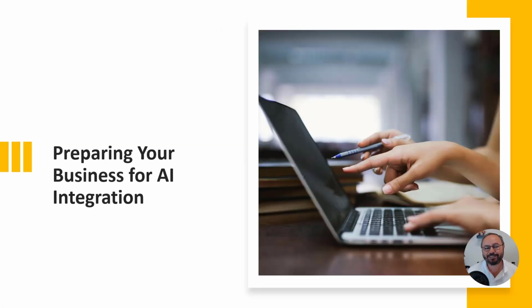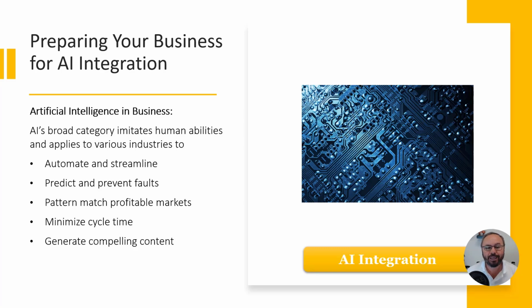In this lesson, let's talk about ways we could help prepare our business for AI integration. When it comes to AI in business, remember it's a broad category, and we may be looking at AI to provide us capabilities in a number of different areas. It could be used for automation and streamlining our processes, whether it's a sales cycle, whether it's supporting the customer.